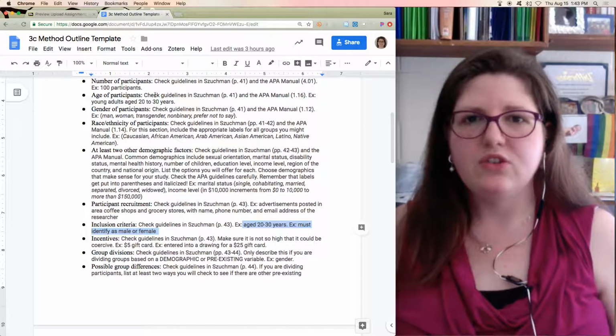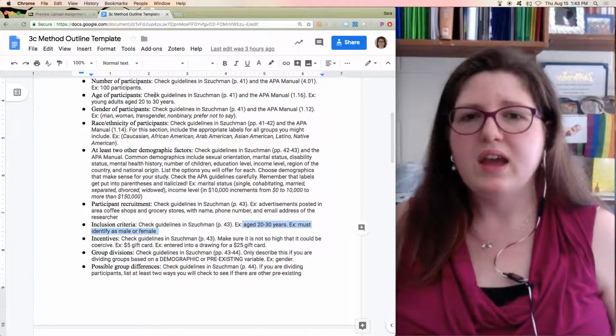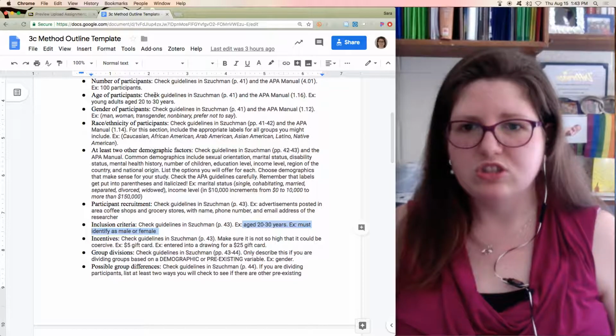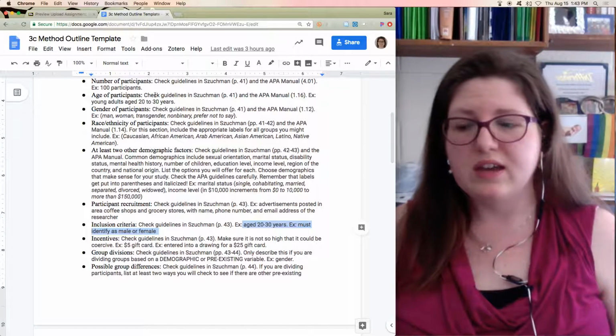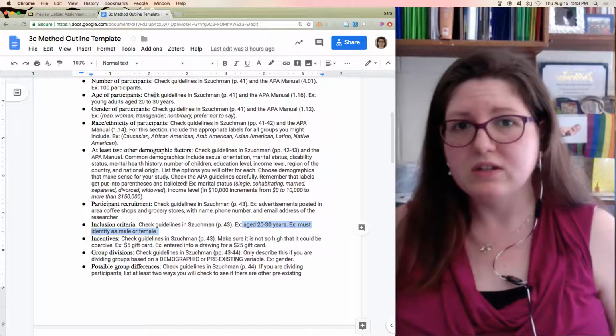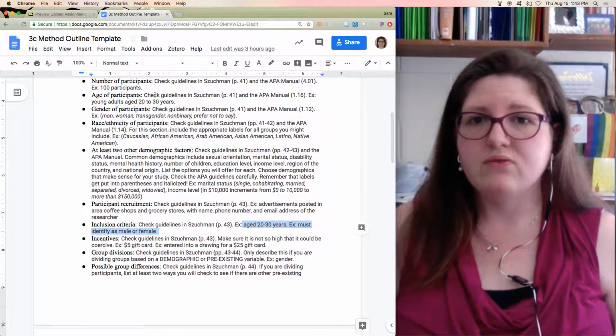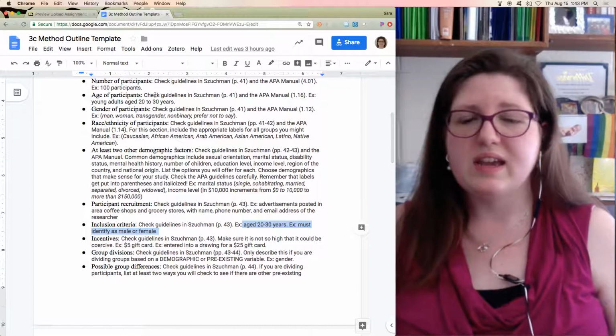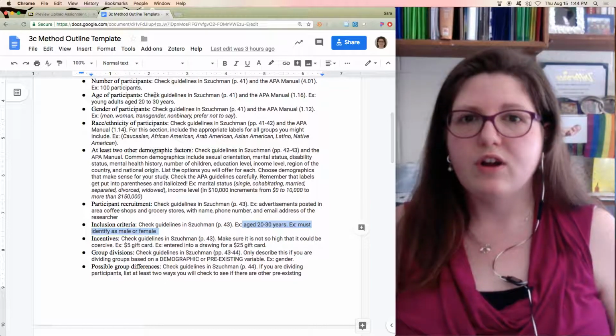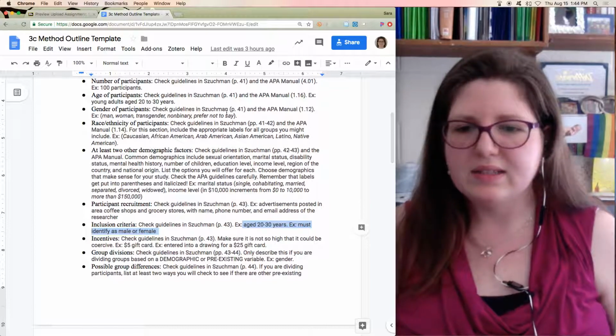Because under 18 you need informed consent from parents and you need assent from kids or minors. You could have a 17-year-old and you still need to get the informed consent from the parent, and you need to get informed assent. So not legal permission, but still the person saying, yes, I would like to do this study, from the 17-year-old in that case.